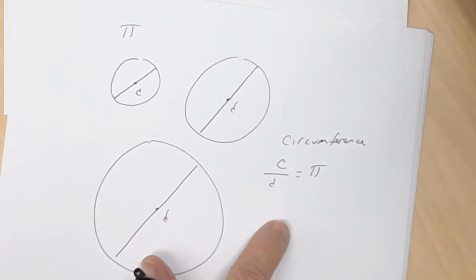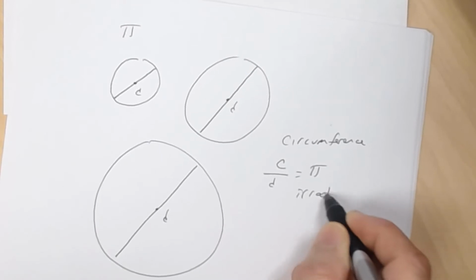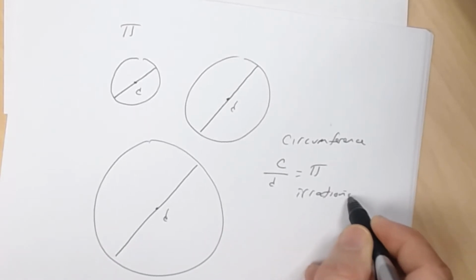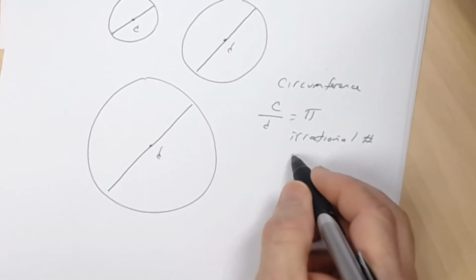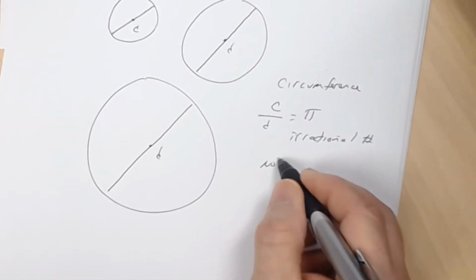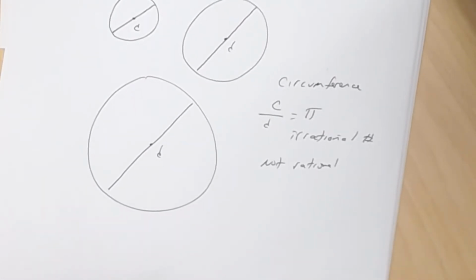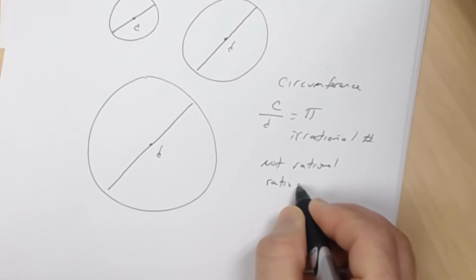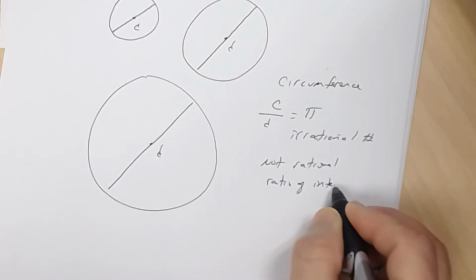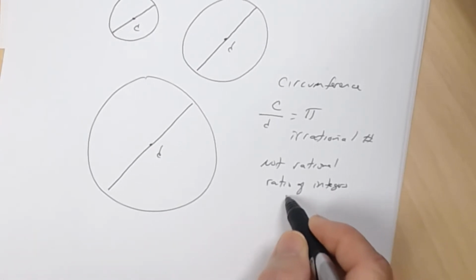And it turns out that pi is an irrational number, meaning that it's not rational. And remember, a rational number is a number that is a ratio of integers, just as long as the denominator is not 0.